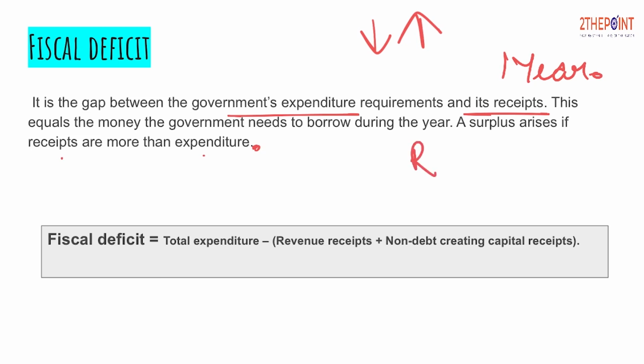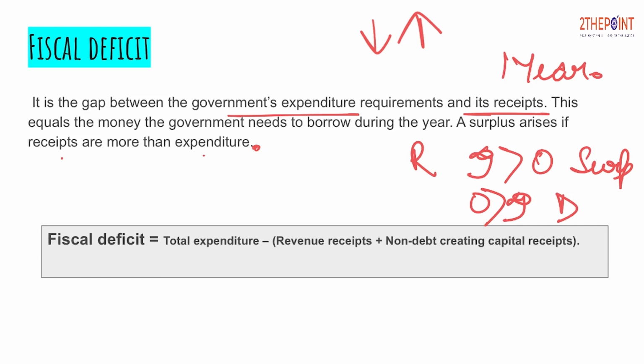If your inflow is greater than outflow, then definitely you are in surplus. And when your outflow exceeds your inflow, then you are in a deficit, as we are studying here, that is the fiscal deficit.